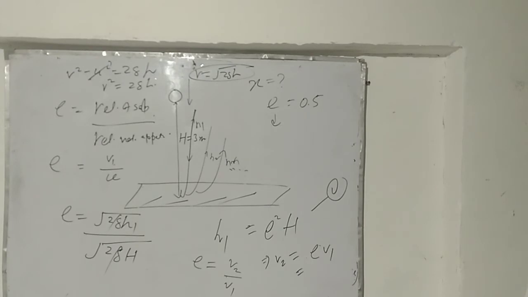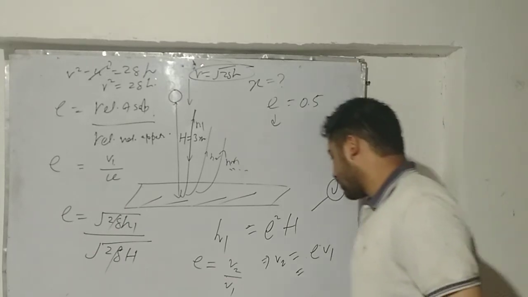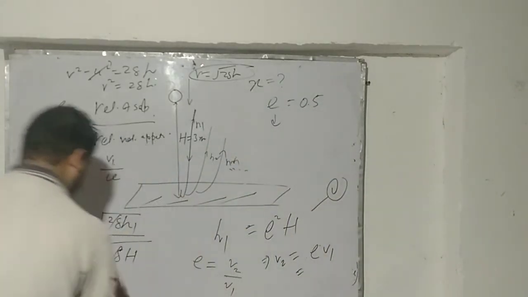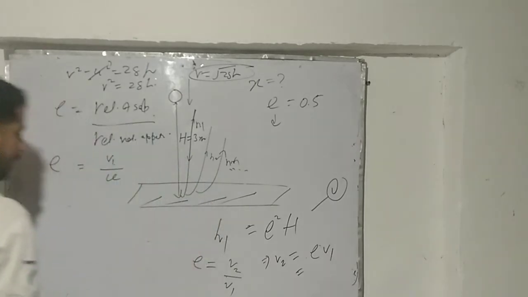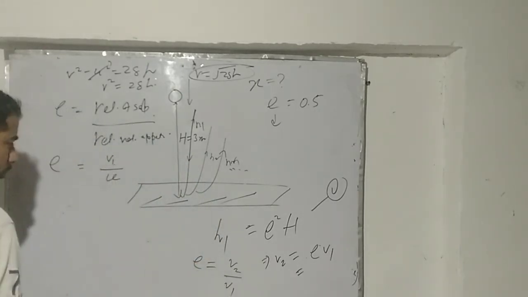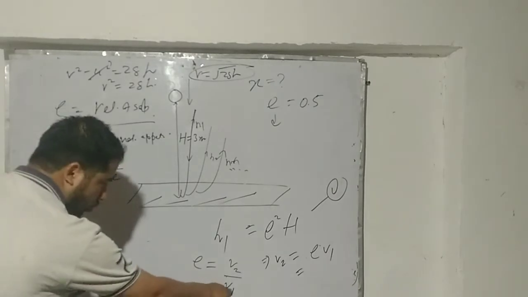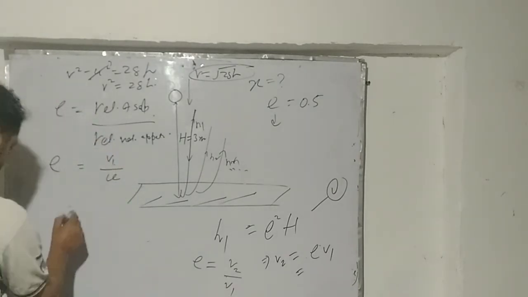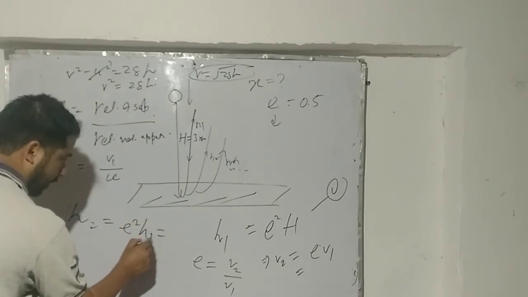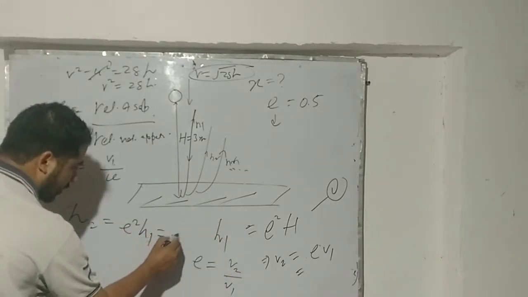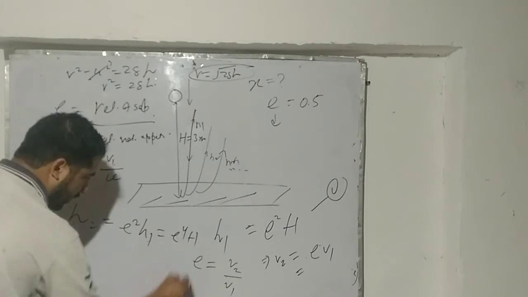My v2 will be e times v1, and my v2 will be root of 2g h2, or root of 2g h1, means that my h2 will be e square h1, but h1 is e square h, so it will be e to the 4th times h.